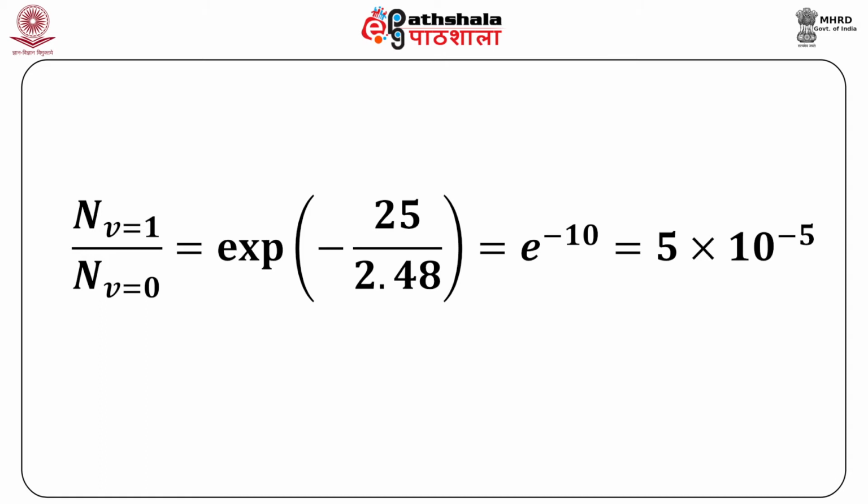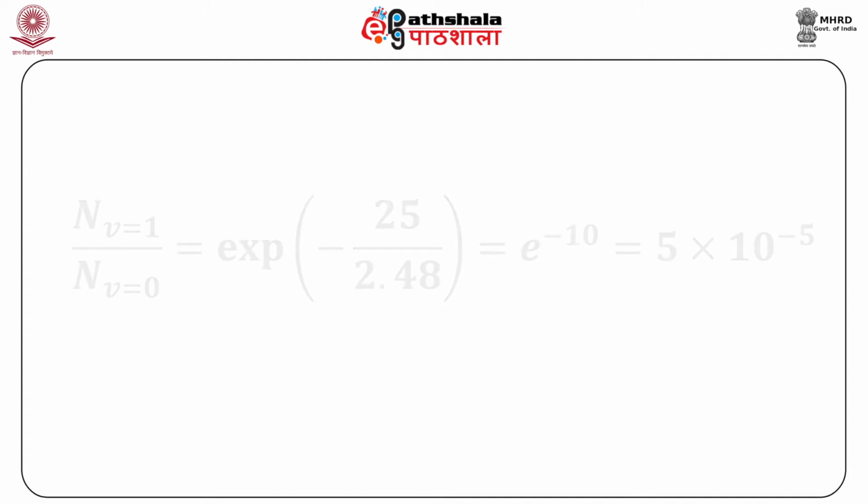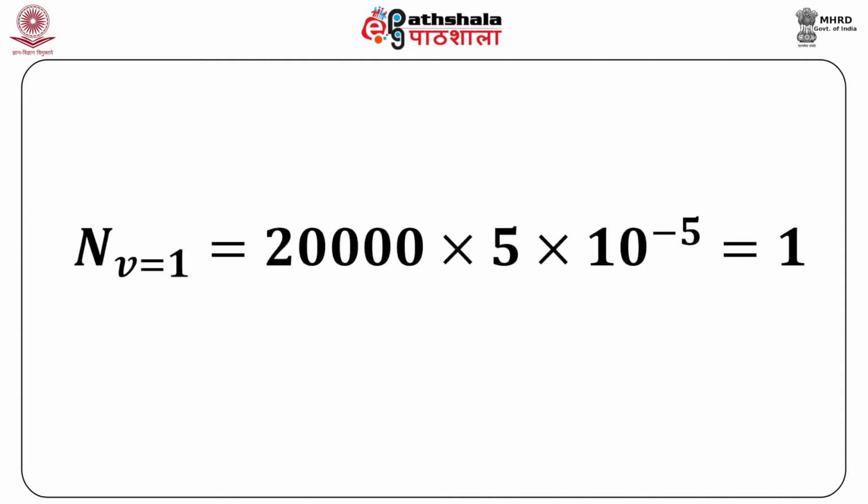These are the higher energy levels, and they are much more closely spaced than the electronic energy levels. Here the difference in population is not that high: if you have a system containing 20,000 molecules, then only about one molecule will be found in the excited states. So very few molecules are present in the vibrational excited states.